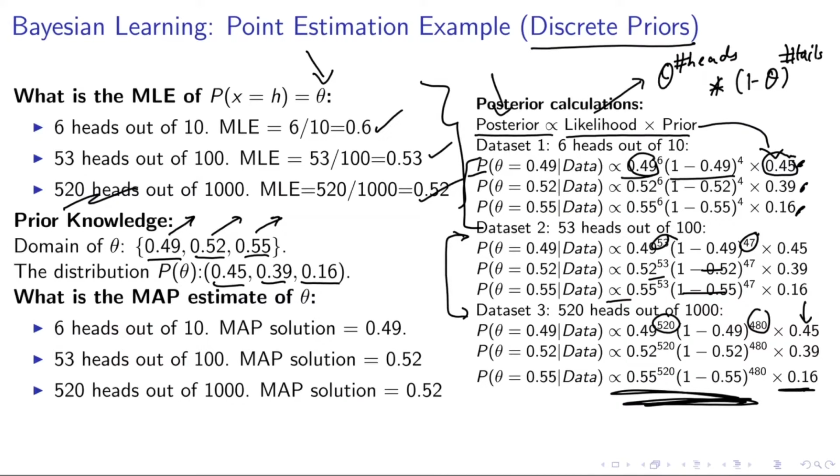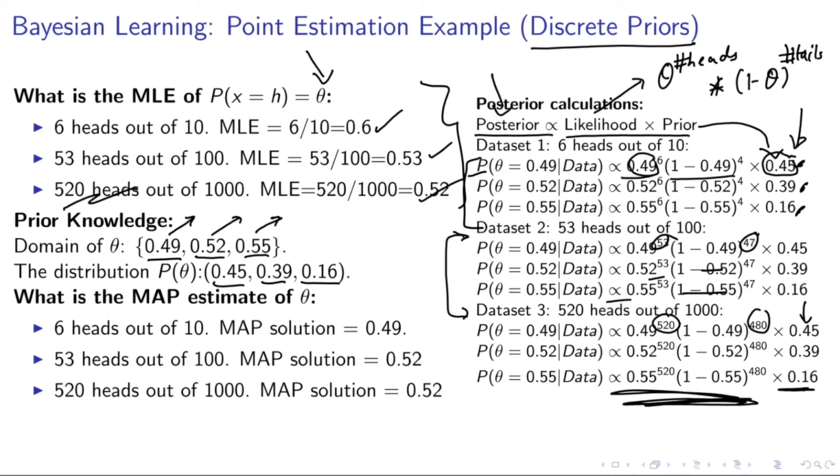So as more and more data comes in, you are going to believe the data more as compared to the prior. However, if you only have something like 10 examples, then you can see that the prior will impact what your results look like.